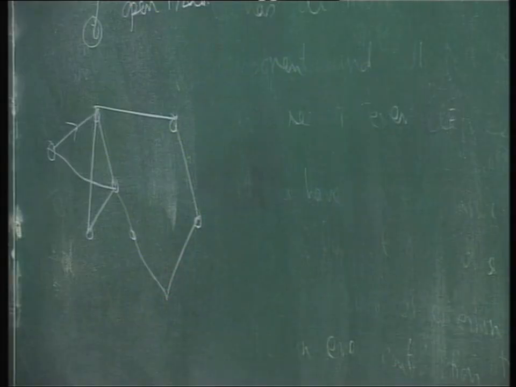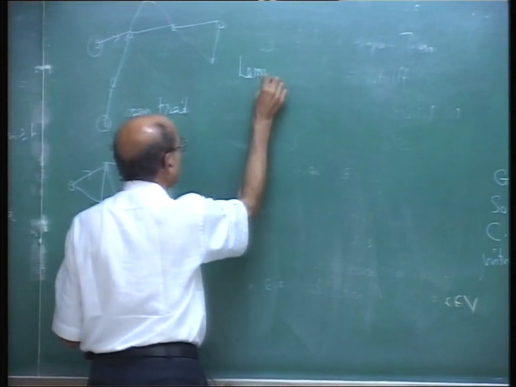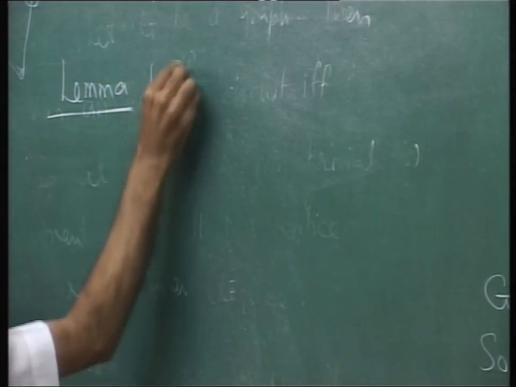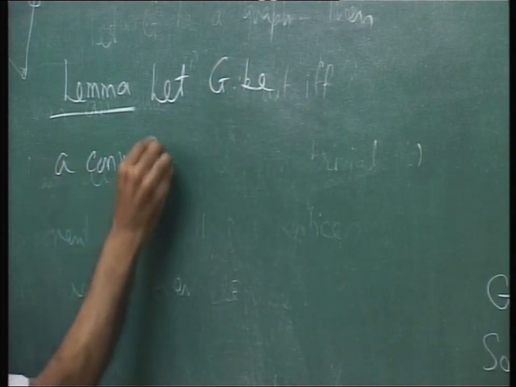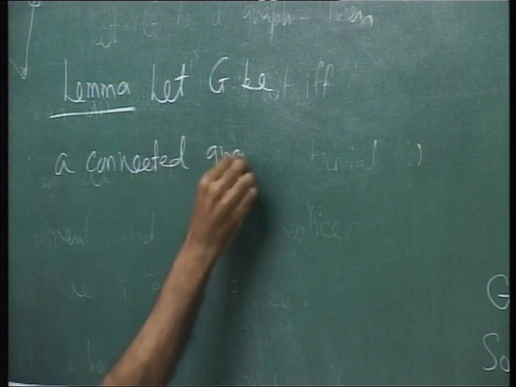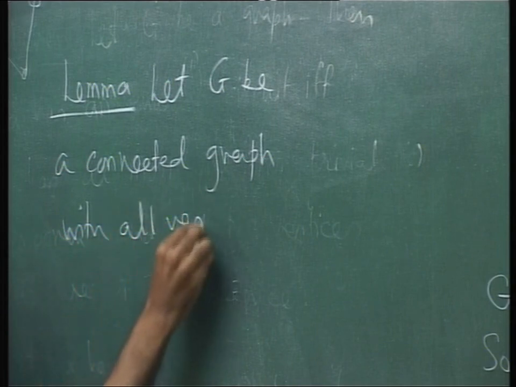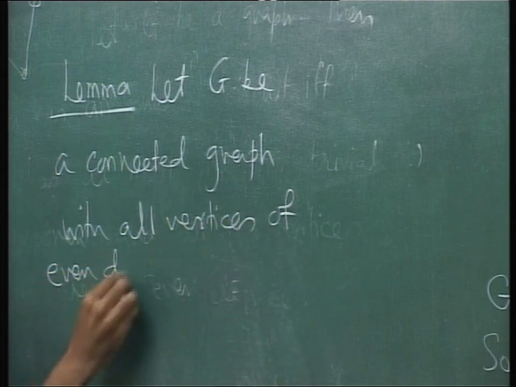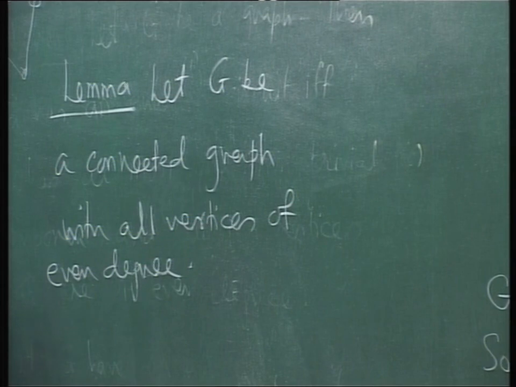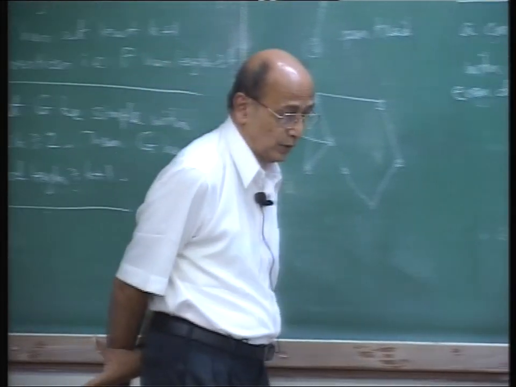So the lemma we want to prove asserts that if you have a connected graph with all vertices of even degree, take the longest possible trail in this graph. What is longest possible? That just means that you cannot add any more edge.